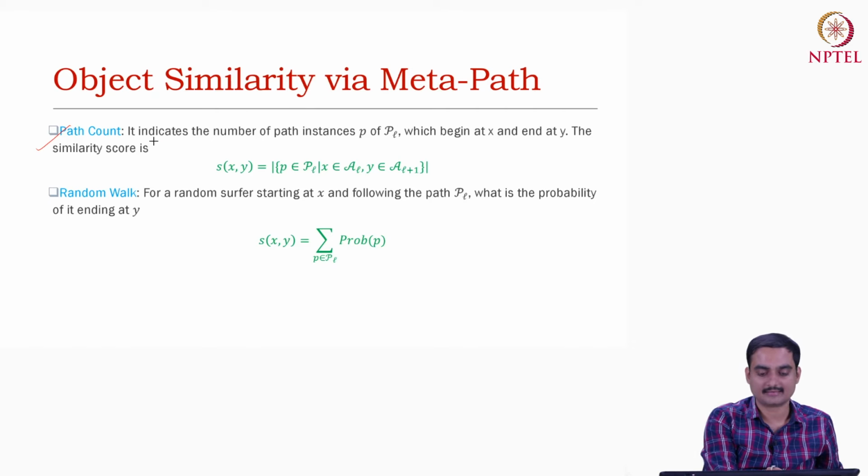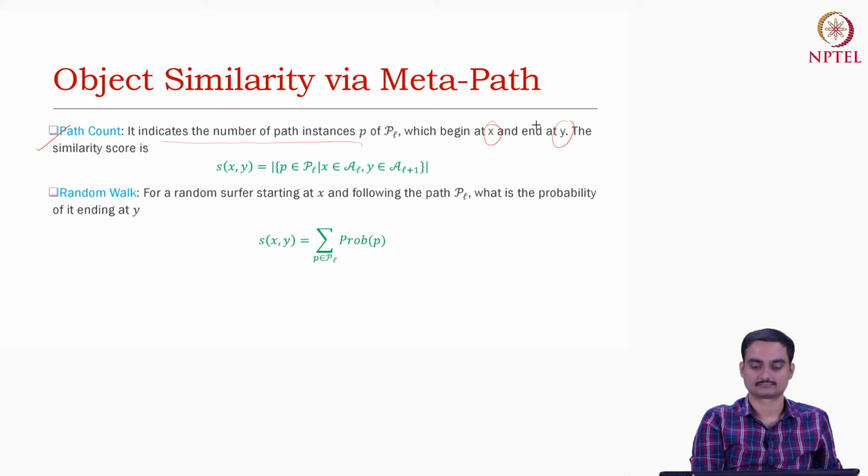Path count basically indicates the number of path instances P which begin at X and end at Y. Say I am interested in a path like APA. I can easily count the number of such paths in the original graph which start from an author and end with an author, with a paper in the middle. We can count it.